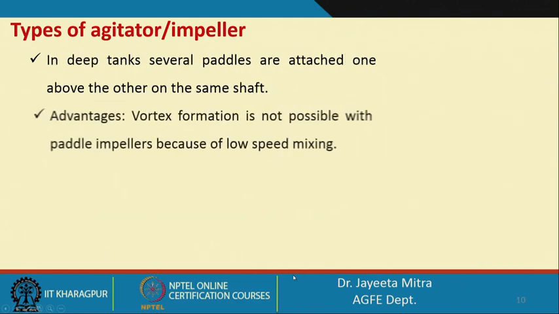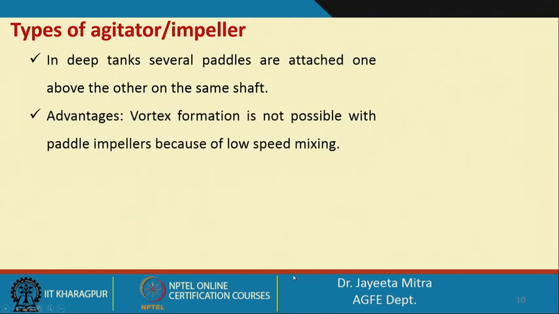Then in the next case we will see that for a deep tank several paddles are attached one above the other on the same shaft. This is another mechanism: if we use more paddles on the same shaft, for a particular kind of large or very high tank, they will be advantageous.